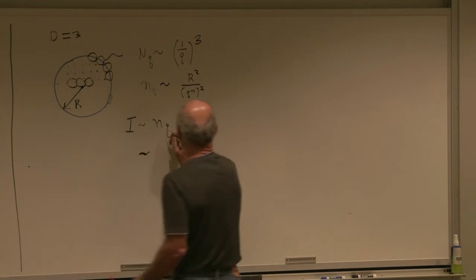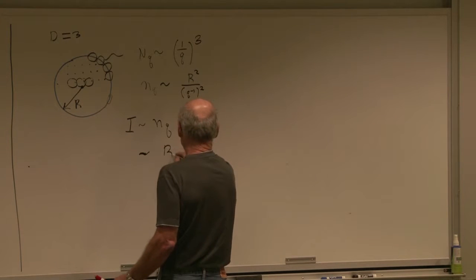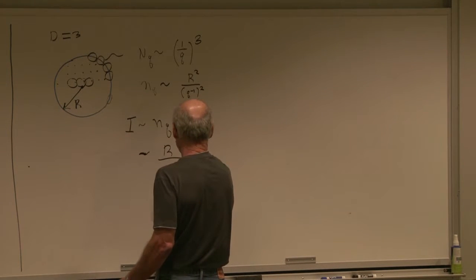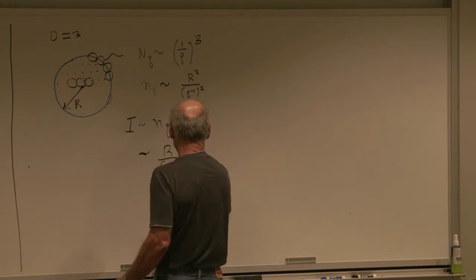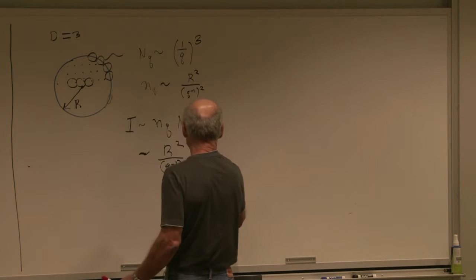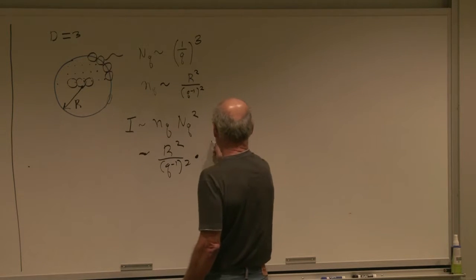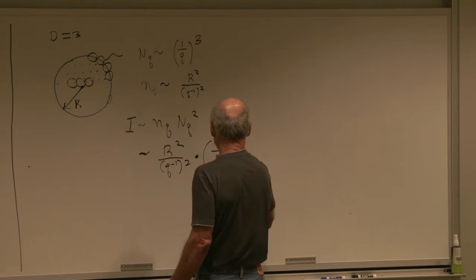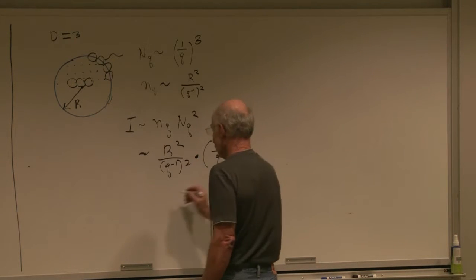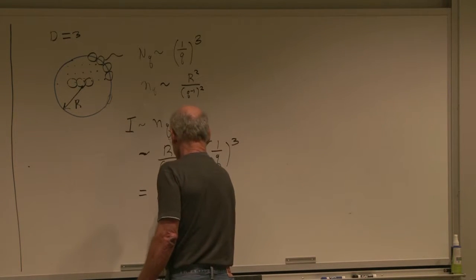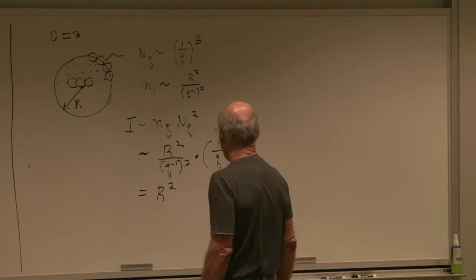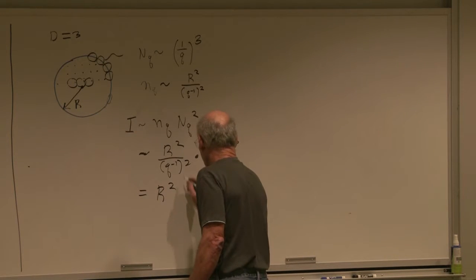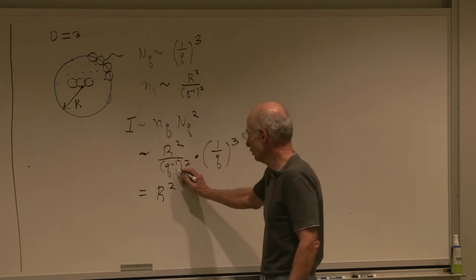The intensity is R squared, Q to the minus 1 squared, times this cubed. So I've got R squared, and I've got this, it's sort of a double Q here, right?